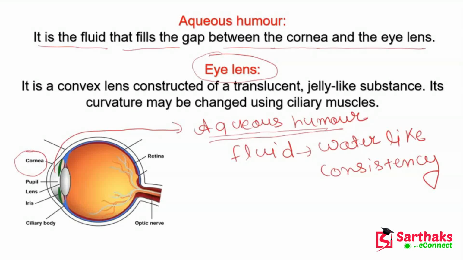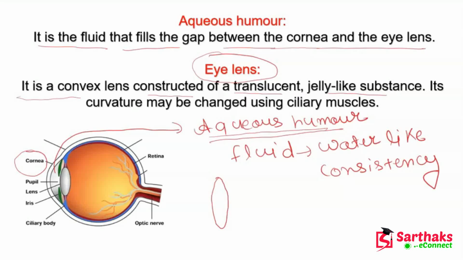So the same thing is written here. It is a convex lens constructed of a translucent jelly-like substance, and its curvature may be changed using ciliary muscles. So basically, guys, what happens? This is your lens.